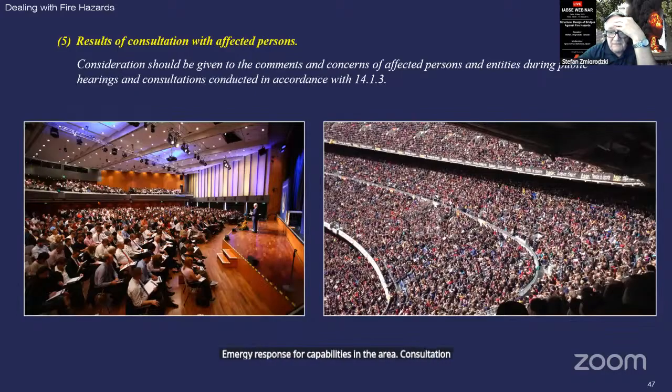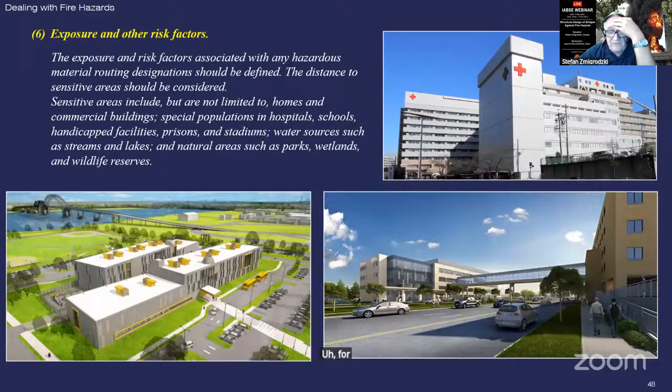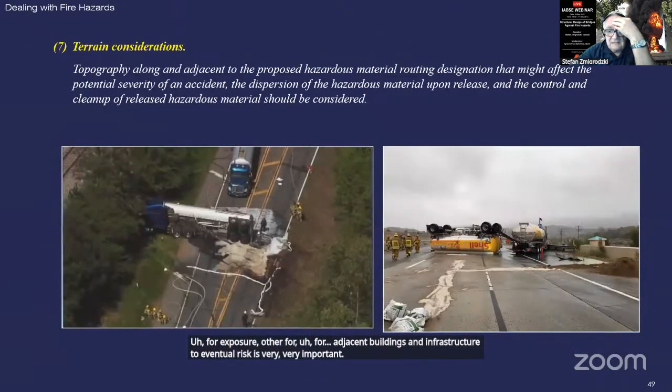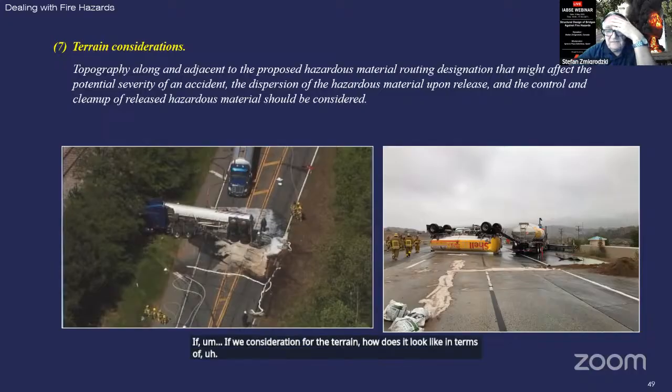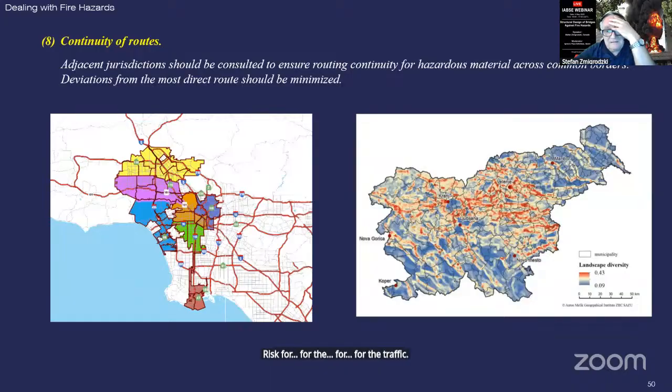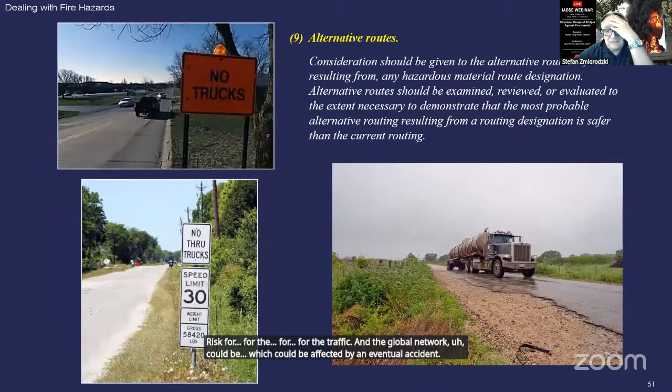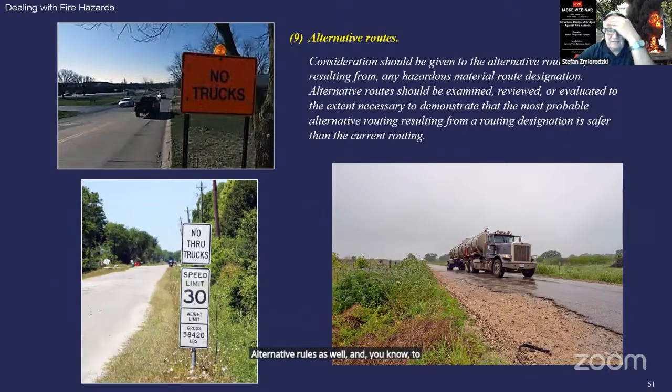consultation with the public, exposure of adjacent buildings and infrastructure to eventual risk is very, very important. Consideration for the terrain: how does it look in terms of risk for the traffic? And the global network, which could be affected by an eventual accident. Alternative routes as well, and directing the traffic of vehicles at risk.